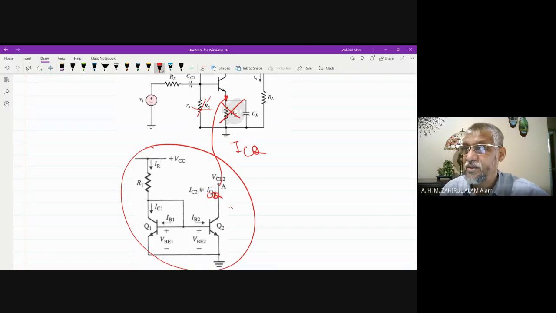Clear? So that means we don't need R1, R2, RE. And instead of these components, we replace them with this current source.